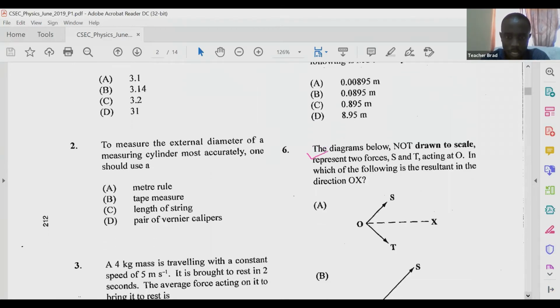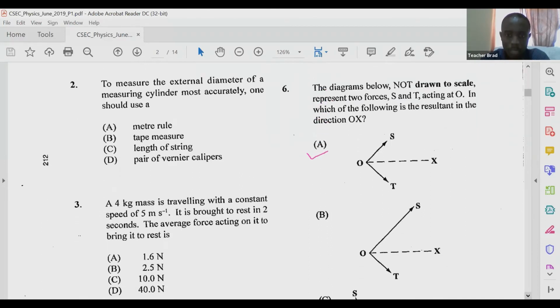All right. Question number 6. The diagram below, not drawn to scale. Let me just clear this. The diagram below, not drawn to scale, represents two forces, S and T, acting at O. In which of the following is the resultant in the direction OX? So again, we just have to check to see where the resultant would be.